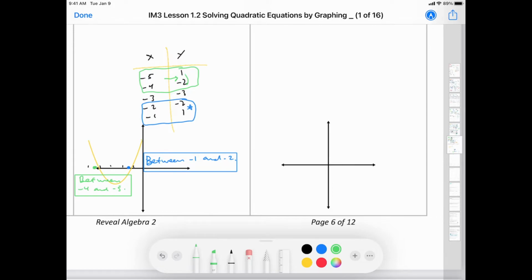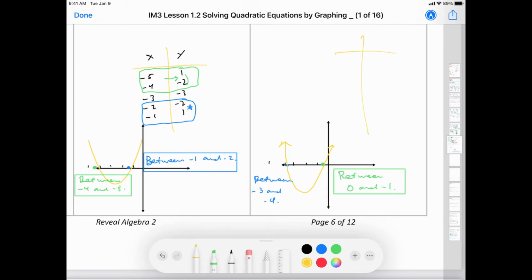Between 0 and -1, and the other one we said was between -3 and -4. And our graph looks something like this.